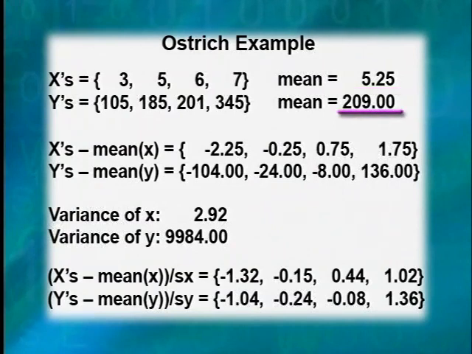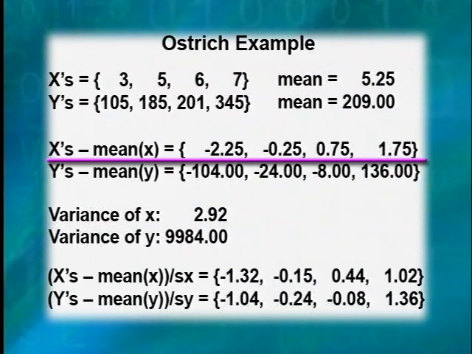And then here we have the mean of 209 eggs per farm. And so we do the calculation associated with finding this correlation, which means subtracting the mean from each number. So we have 3 minus 5.25 gives negative 2.25.